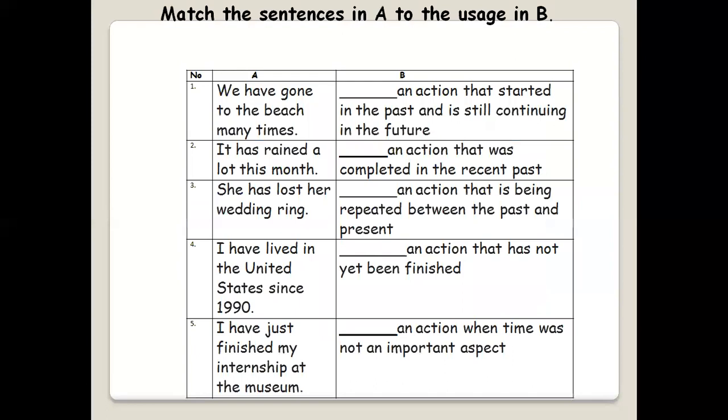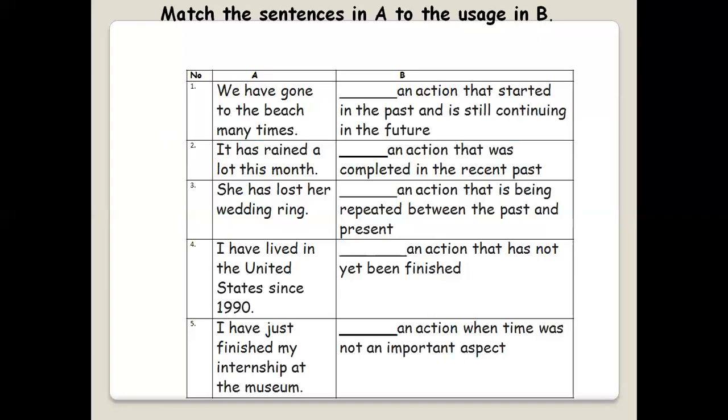Now I'm going to do an exercise with you. This exercise is to match the sentences from 1 to 5. We have 5 sentences with 5 usages. We will match each sentence.